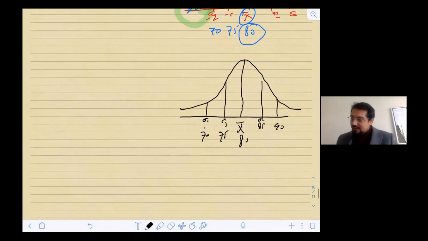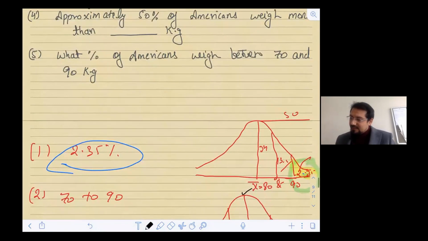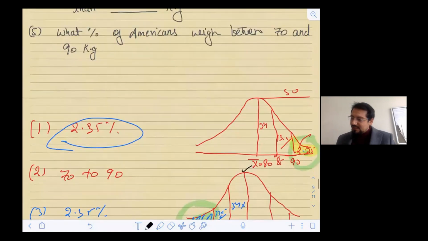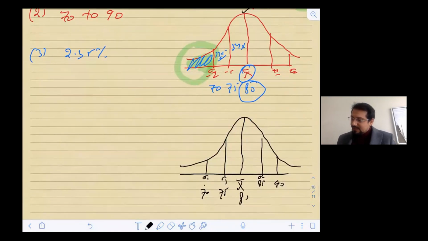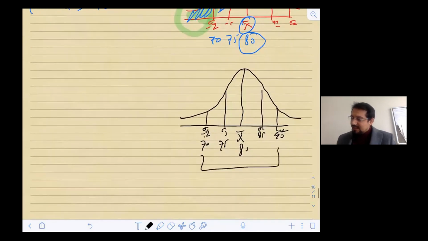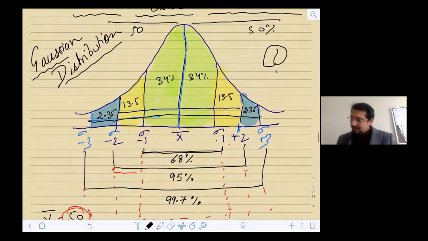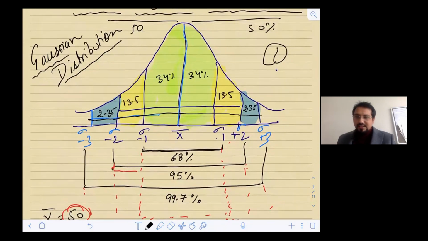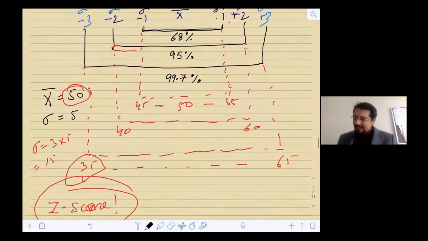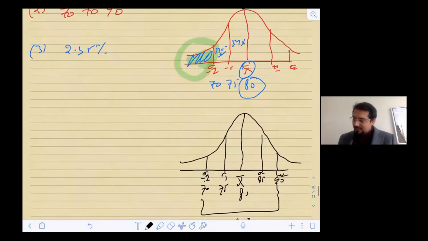Okay, so what are they asking? They are asking between 70 and 90, what percentage? So it means between SD minus 2 to plus 2, and we know our empirical rule that it is actually 95%. You can see here, actually within 2 standard deviations, it is 95%. So we can say with the help of this chart, the normal distribution curve, that my fifth answer is actually 95%.